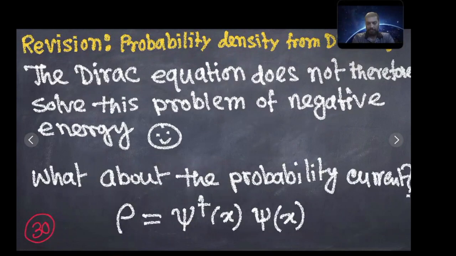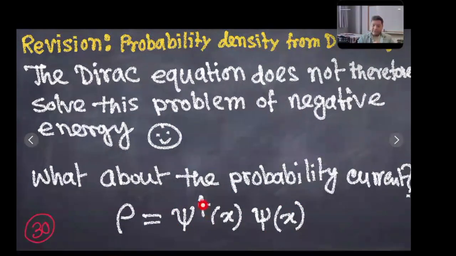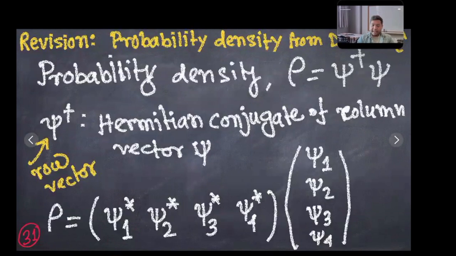And then we tried to understand: okay, the energy can still be negative, so what about the probability density? We found that if we multiply the equation by the corresponding complex conjugate and do some more mathematical calculation, we reach the probability density. If I know the Dirac spinor and take its Hermitian conjugate, we can find the probability density.